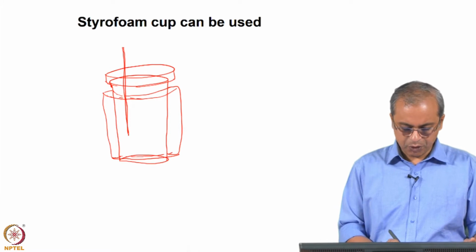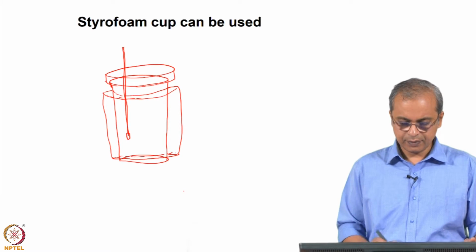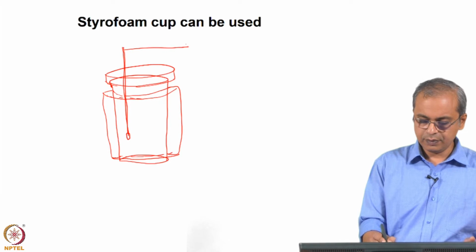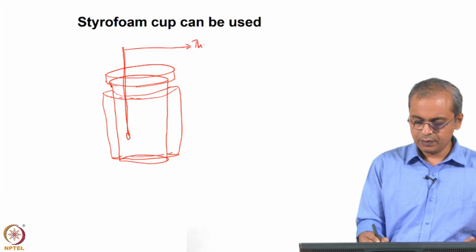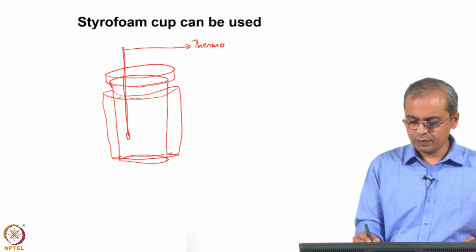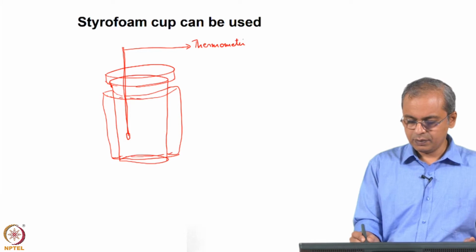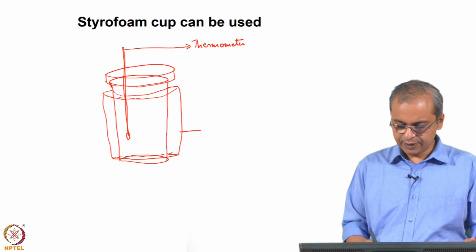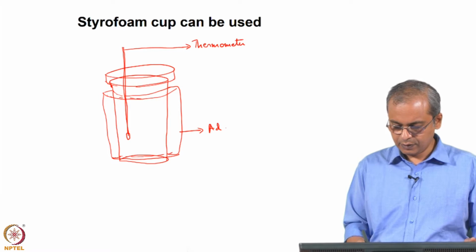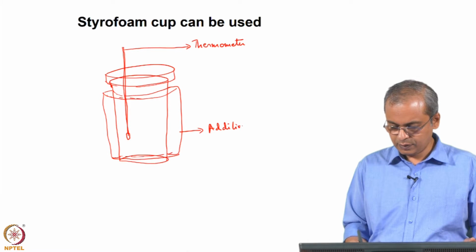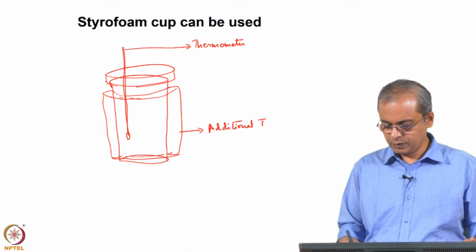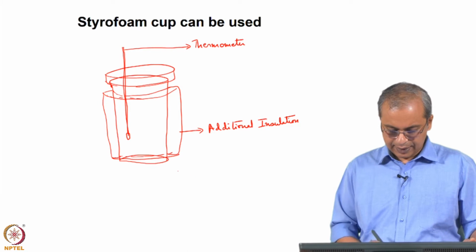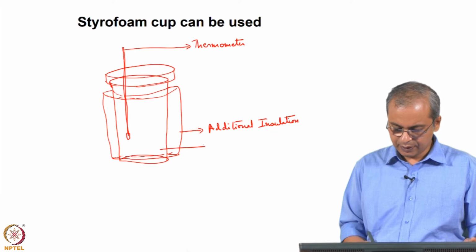One would be a thermometer, okay, and so this is some insulation.